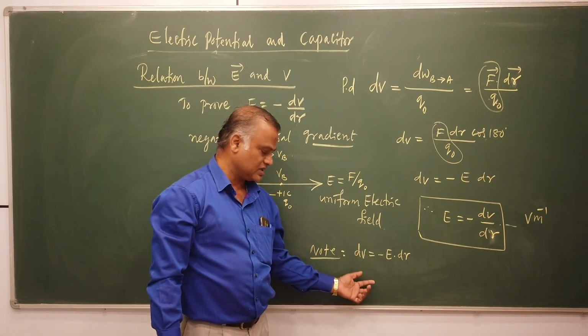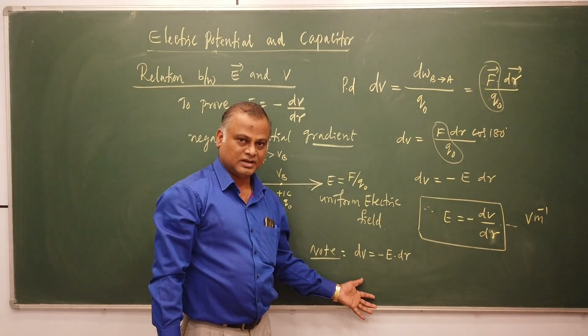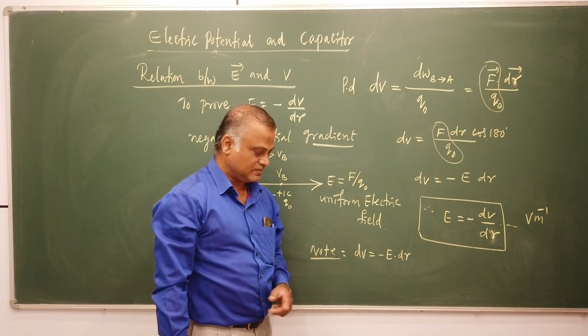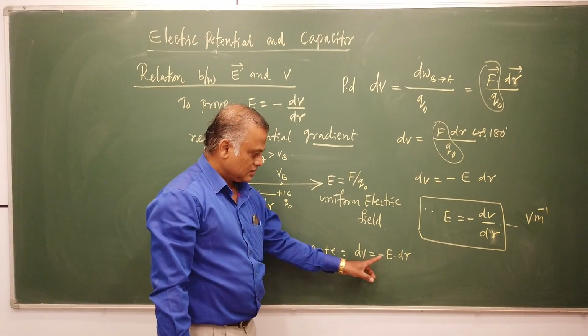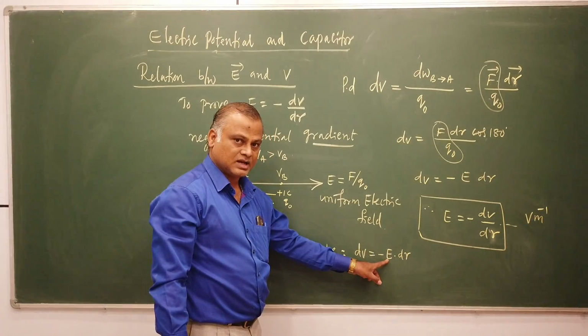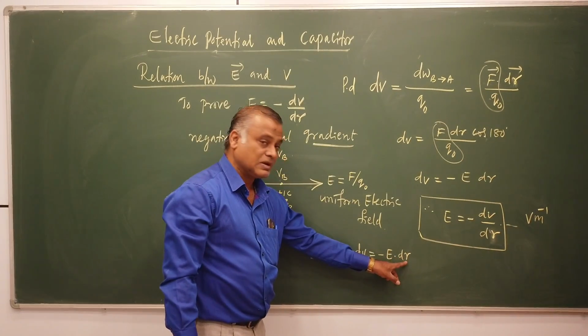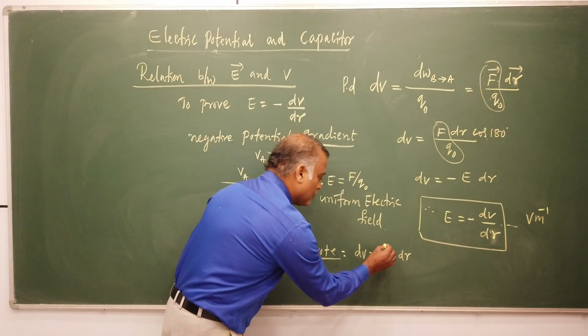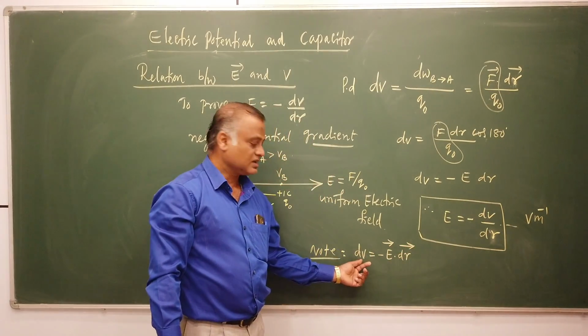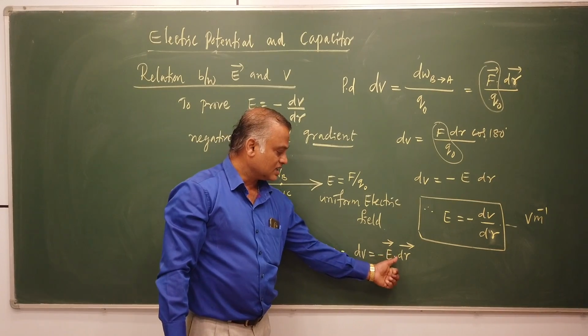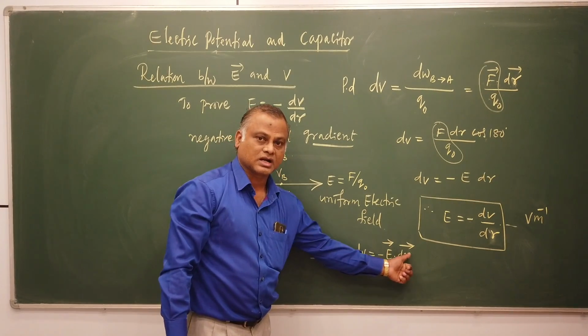You must memorize that formula. It is essential for your competitive papers. Potential is scalar. Electric intensity is vector. Displacement is vector. Therefore, potential difference can be written as the dot product of two vectors.